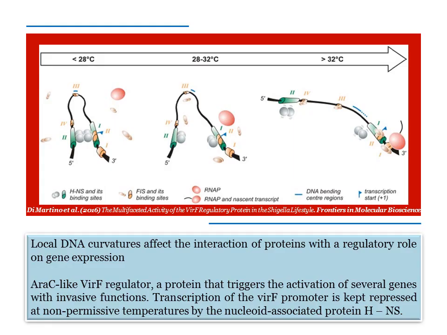Another example where DNAs can act as sensors of temperature change is where local DNA curvatures affect the binding of regulatory proteins which can cause changes in the expression pattern. One such example is the VRF regulator.